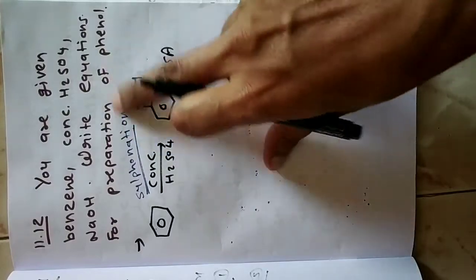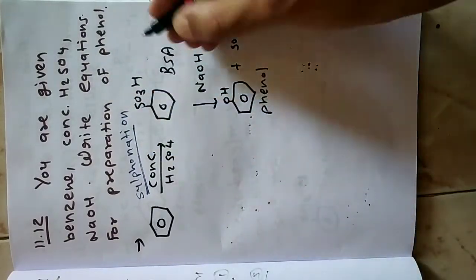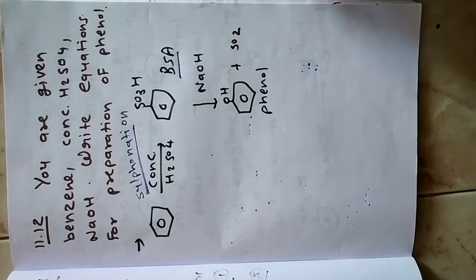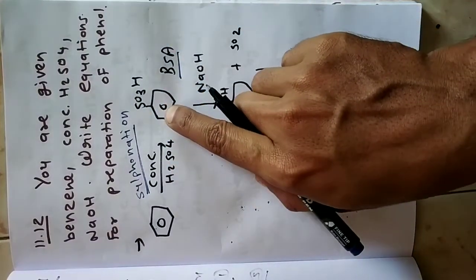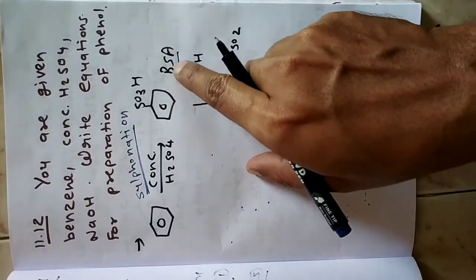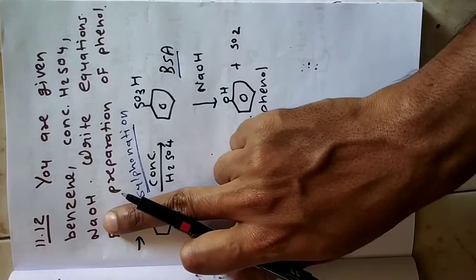This compound is called benzene sulfonic acid. Short form for that is BSA. I told you in 11th standard also that short forms are very important. Benzene sulfonic acid, BSA.